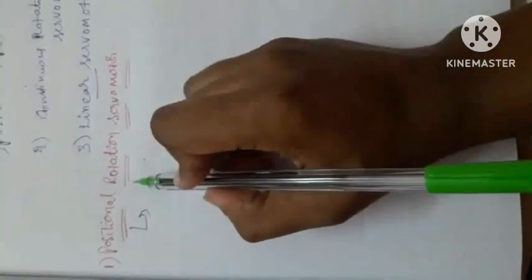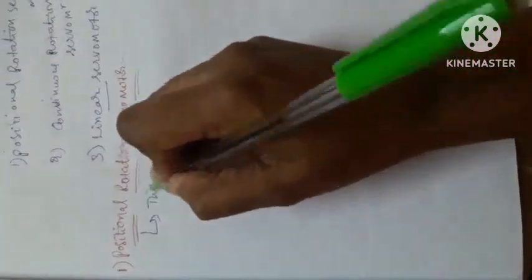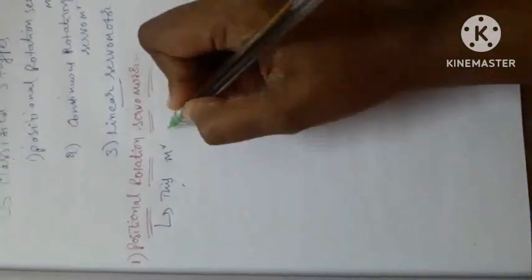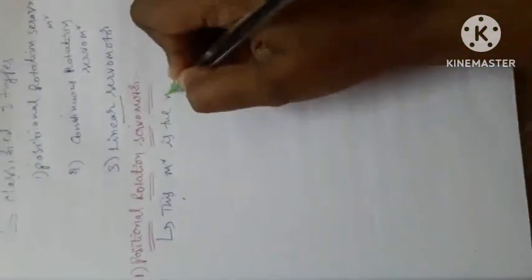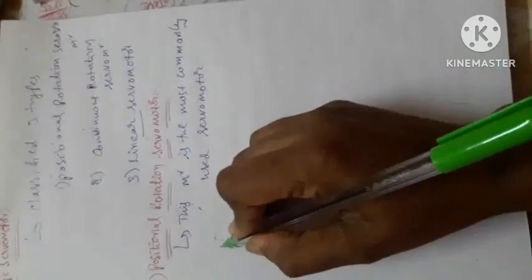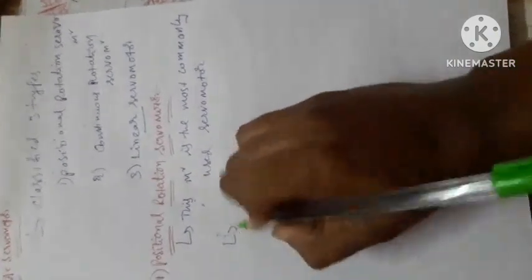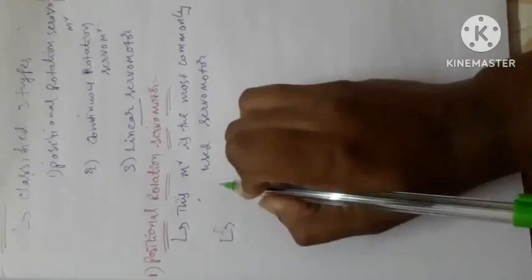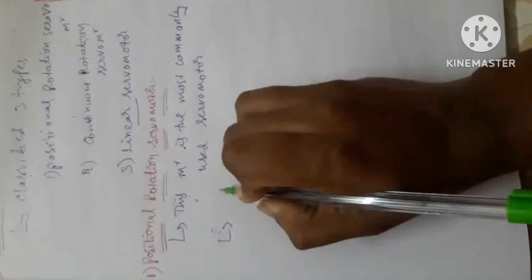So the first point regarding the positional rotation servo motor is that this motor is the most commonly used servo motor. The next point is the output shaft of this motor rotates through 180 degrees.